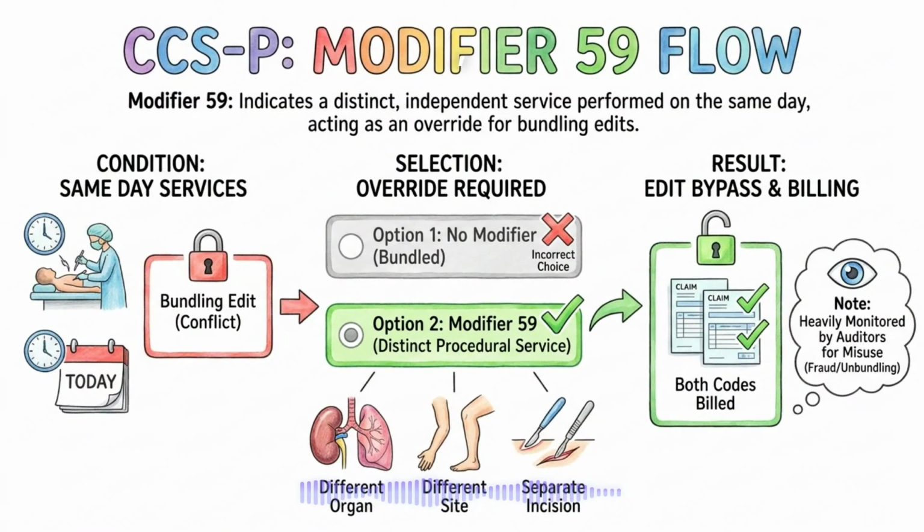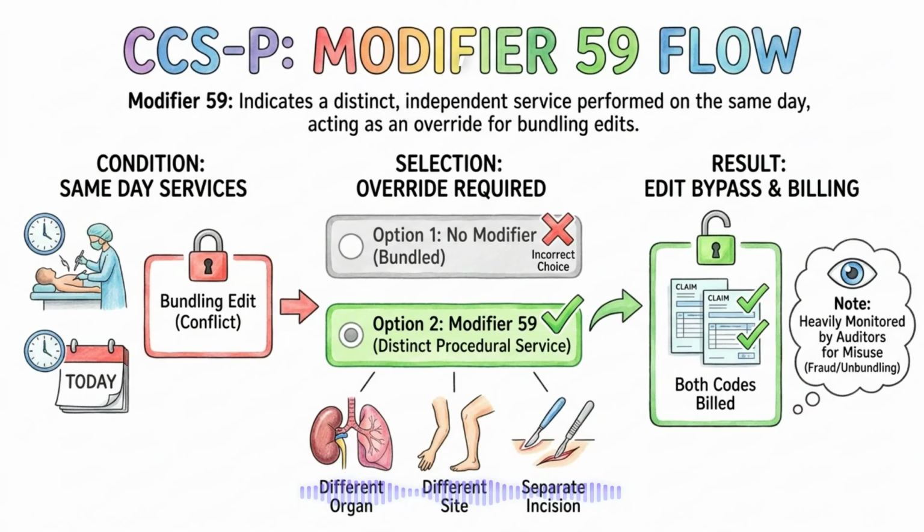Modifier 59 is known as the Distinct Procedural Service Modifier, and it is the most famous modifier in the coding world. You use Modifier 59 to indicate that a procedure was completely distinct and independent from other services performed on the same day.